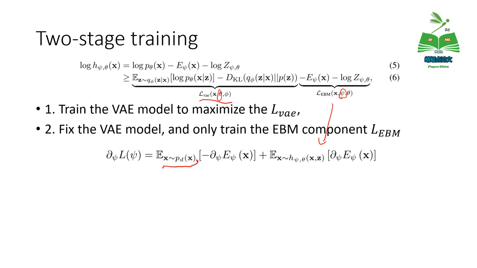The first term we sample from the data set and compute the energy. And for the second term, we sample from the current model distribution, compute the energy and take the gradient. So now we only need to consider how we can sample from the combination of the decoder and the energy-based model.